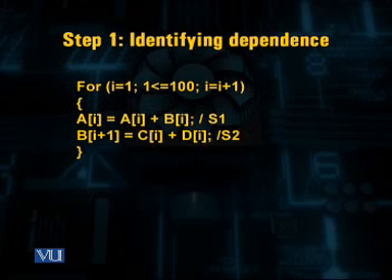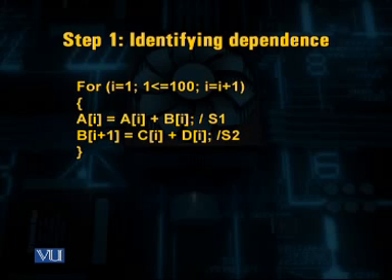In step 1, notice that there exists a loop carried dependence between S1 and S2, as S1 uses the value Bi assigned in the previous iteration by S2. Therefore, S1 depends on S2, but S2 does not depend on S1.